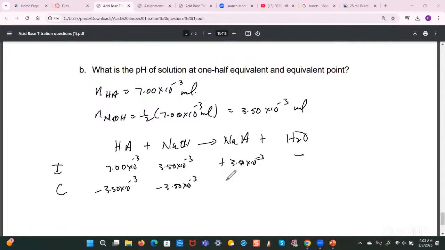And here you're going to have, oh, this should be 0. My bad. This should be 0 here. So here the change is going to be plus 3.50 times 10 to the minus 3. All right? Okay, so at the end of the reaction, what will happen? What will be the amounts of different substances left?